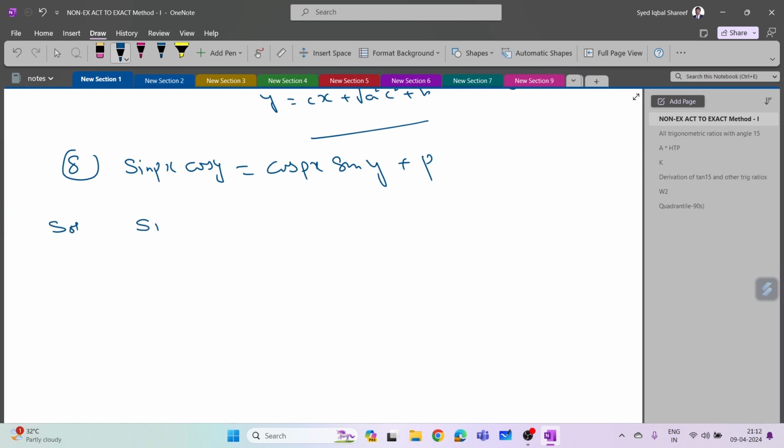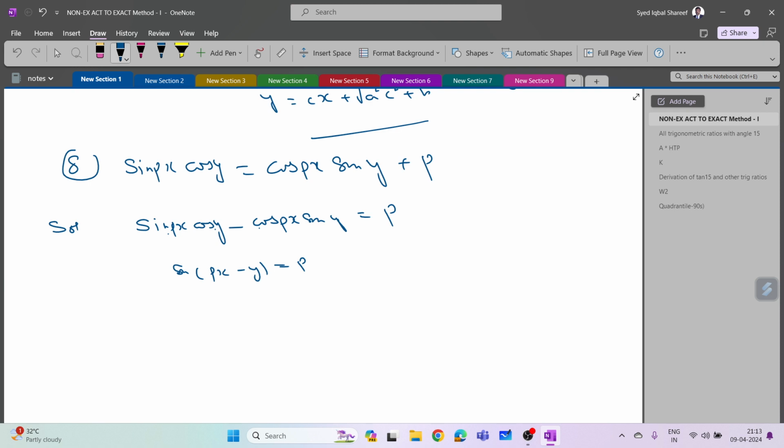Here I am writing sin(px) cos y − cos(px) sin y = p. sin a cos b − cos a sin b is sin(a − b). So sin(px − y) = p.